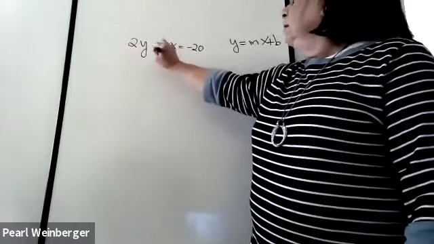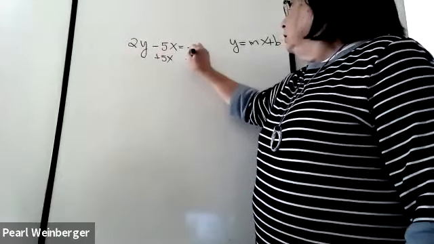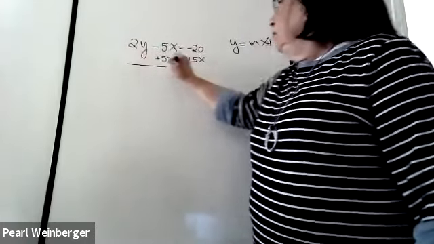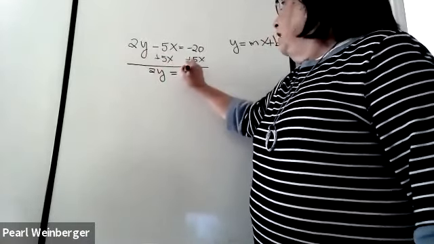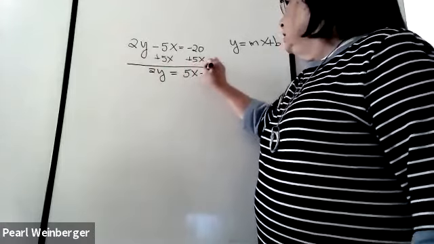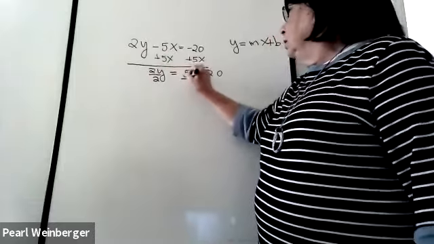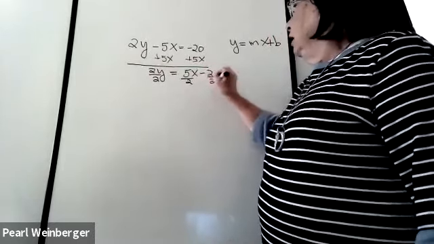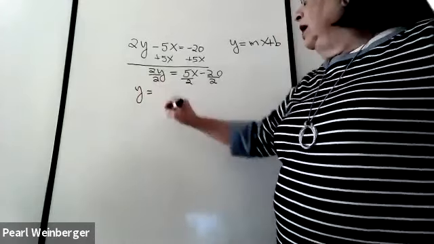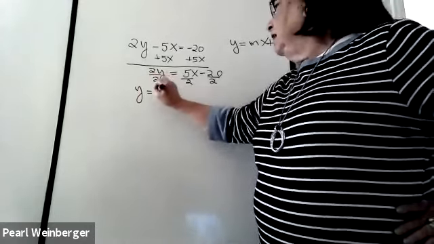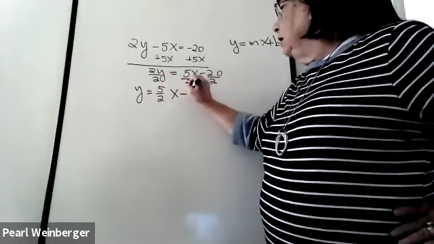So in order to do that, I'm going to add 5x to both sides. And that's going to give me 2y equals 5x minus 20. And then I'm going to divide everything by the 2. So in slope-intercept form, this equation becomes y equals 5 halves x minus 20 divided by 2 is 10.